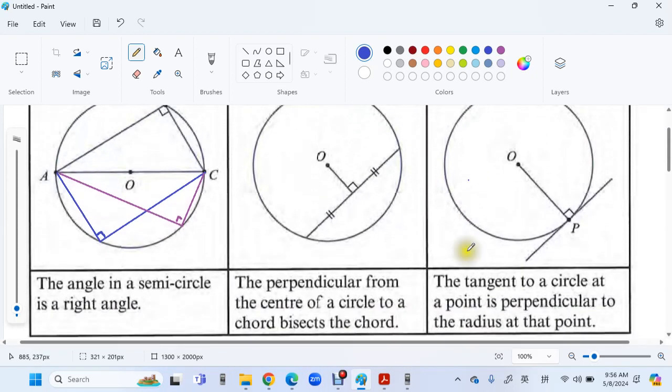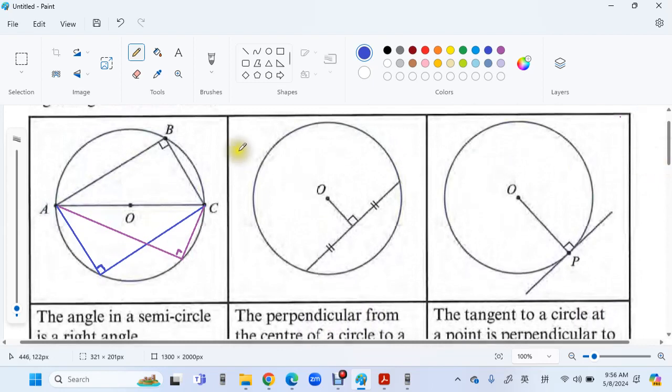Next, we look at the second property here. That is the perpendicular from the center of a circle to a chord bisects the chord. This one is very important because later in many of the questions that we will discuss, we will use this property.